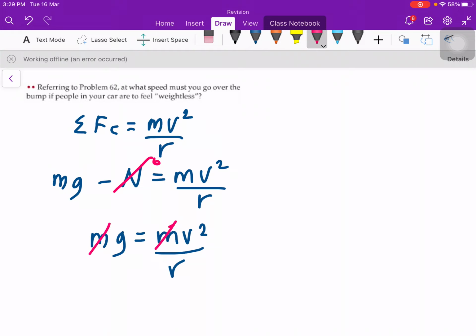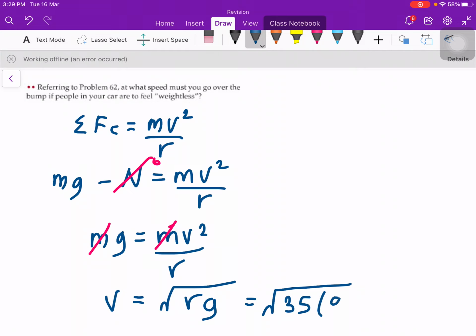Then I get my v, the speed, to be the square root of rg. The radius is 35 and gravity is 9.81, so we get 19 meters per second. That will be my final answer.